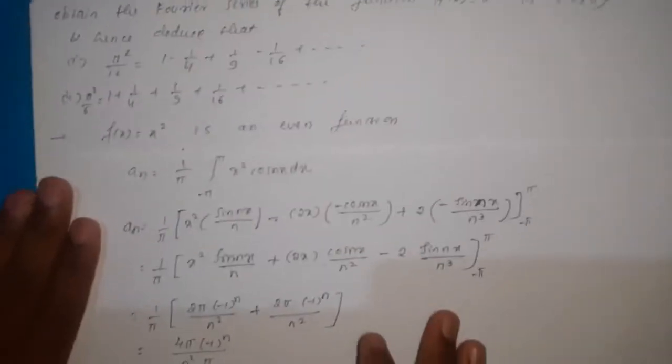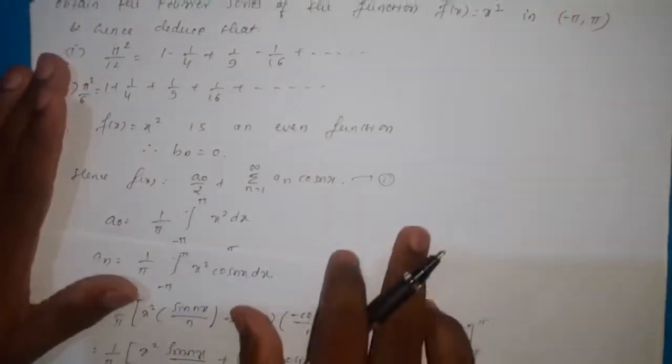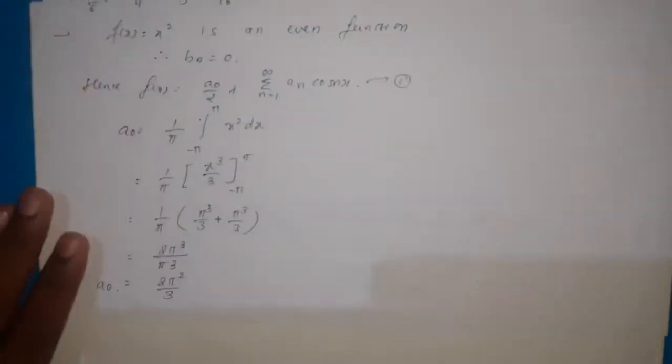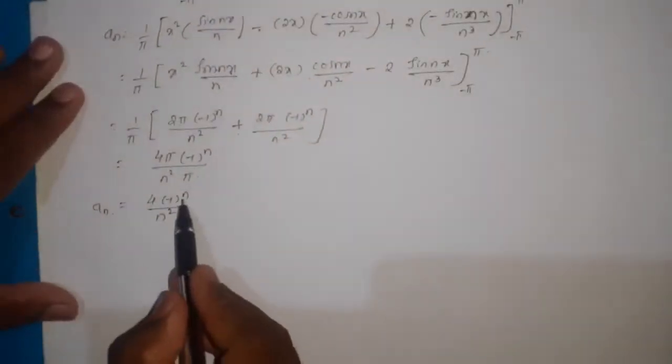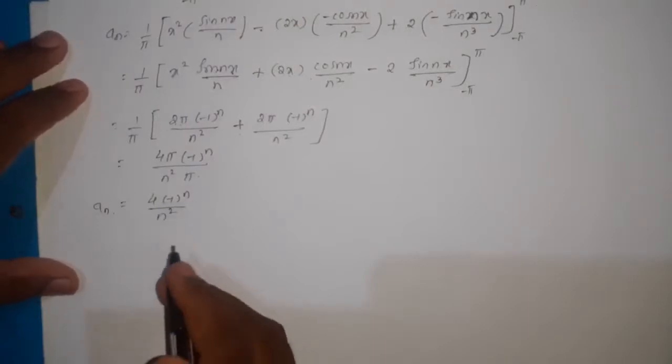So now this is the first equation, right? So we know that a naught is equal to 2 pi square by 3 and an equal to 4 into minus 1 whole power n divided by n square.